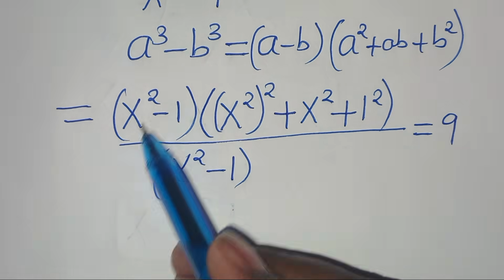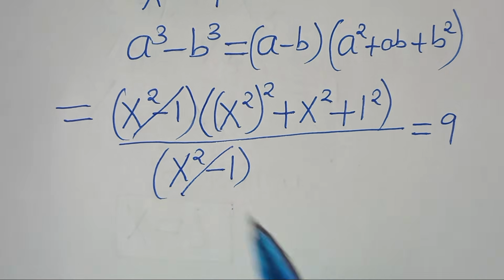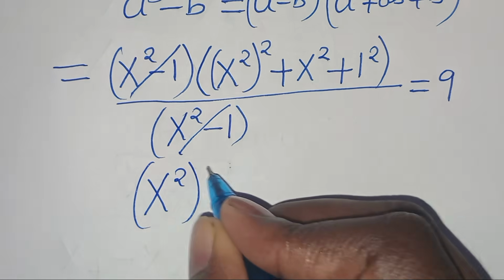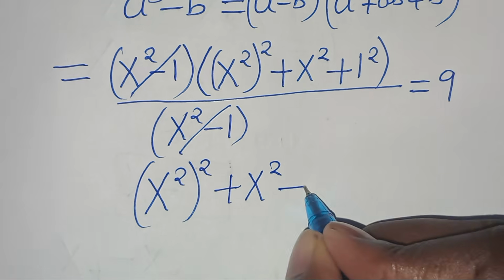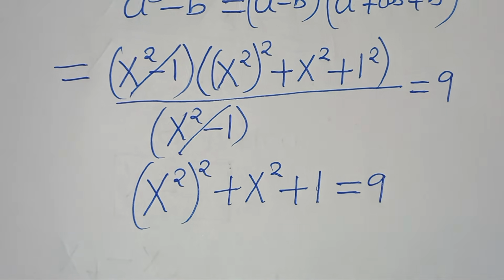Now we have x^2 minus 1 here and x^2 minus 1 here, so we can simplify. This means we have (x^2)^2 plus x^2 plus 1 equal to 9.